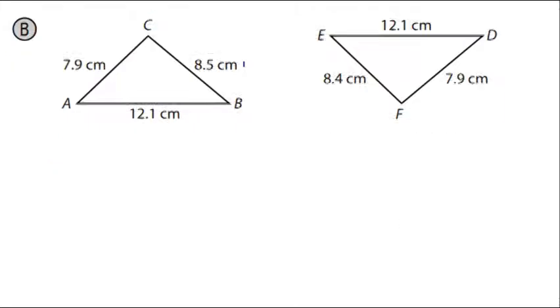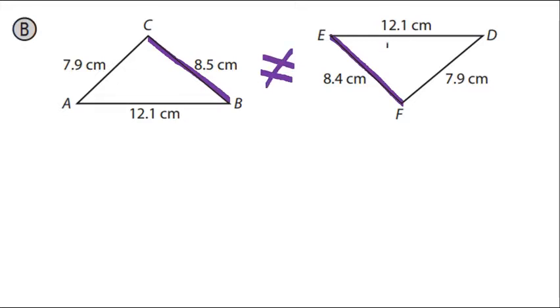Okay, so let's look at the next example. So here, let's look at are these two triangles congruent? So all you have to really figure out is if one side does not match, that automatically tells you they're not congruent. So if you look here at side CB, which is 8.5, and then side EF, 8.4, these two do not equal each other.